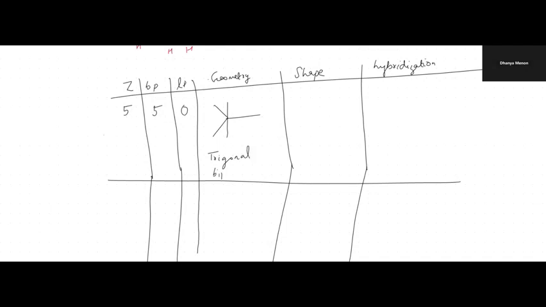The geometry is trigonal bipyramidal. And you know the bonds that are in the same plane, the bond angle is 120 degrees, and the ones that are above and below, it is 90 degrees. Now, if there are no lone pairs, you know that the shape is same as geometry. And the hybridization, you know, it is sp3d.